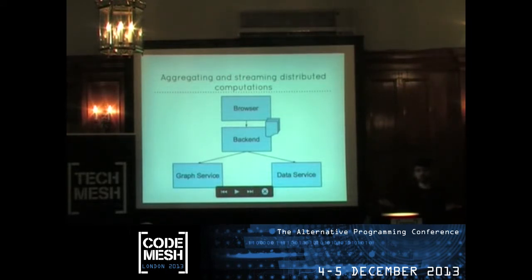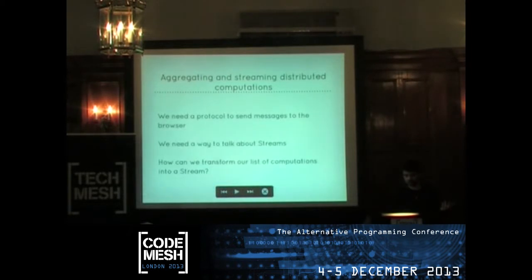Now, to be able to do that, we need several things. The first thing, we need to have a protocol with a browser where we can send things in a kind of chunked way, not one response, but I will be pushing several messages. I need to be able to talk with the browser that way, okay? That's the first thing. And also, at the server side, I want to be able to talk about streams of data, right?